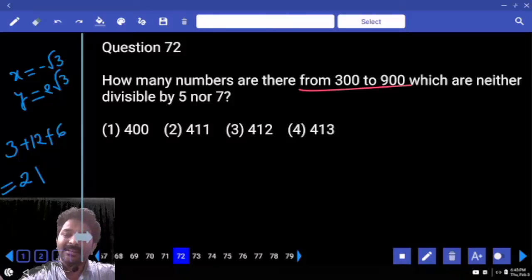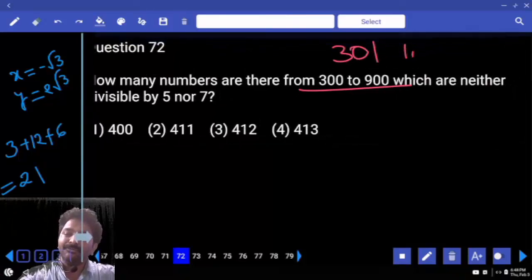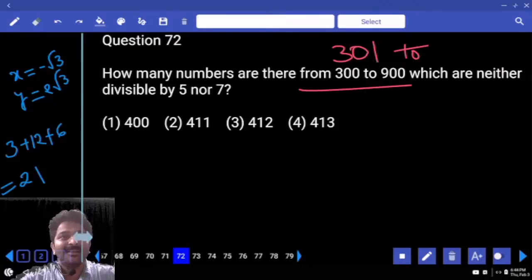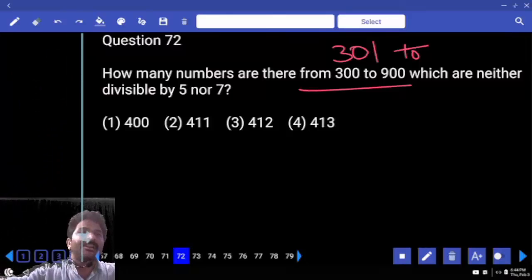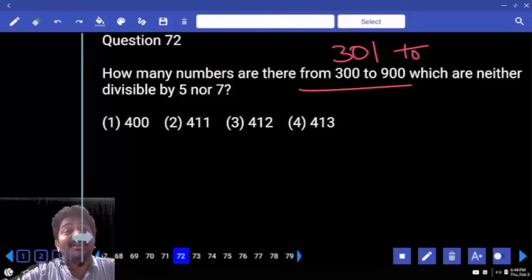So between 301 to 400, how many numbers will be there? 301 to 400, how many will be there? 100. 1 to 100 ఎన్ని numbers ఉంటాయి? 101 to 200 ఎన్ని ఉంటాయి? Come on. So like that, 301 to 400, 100.